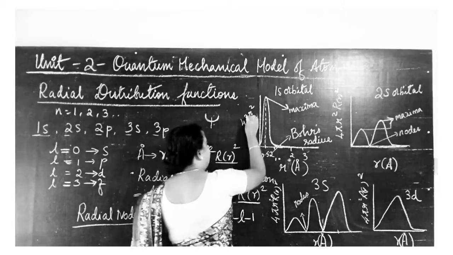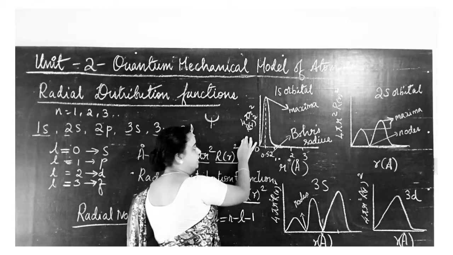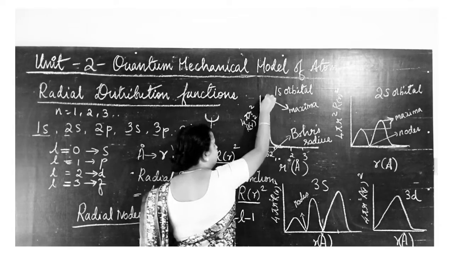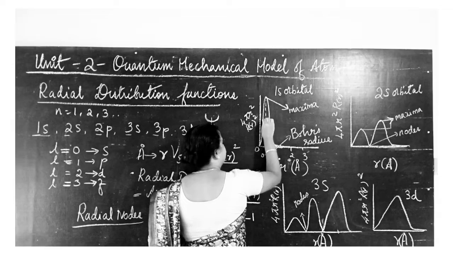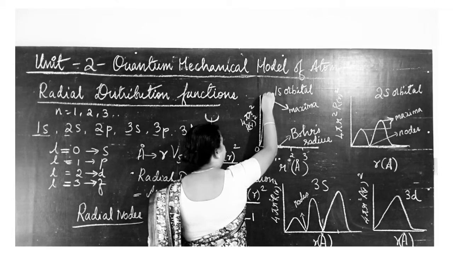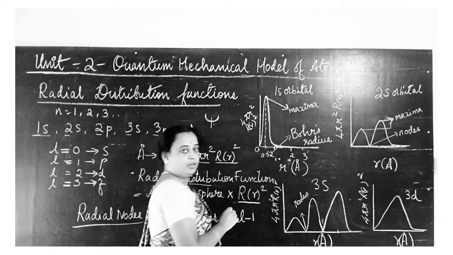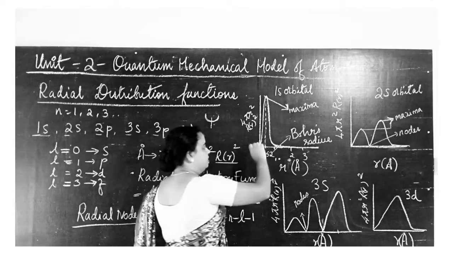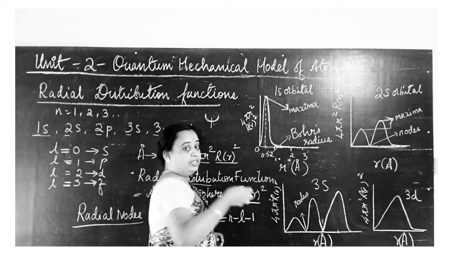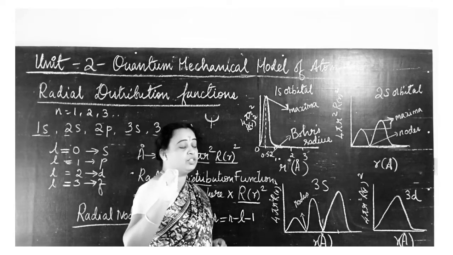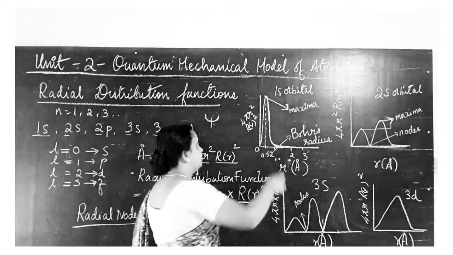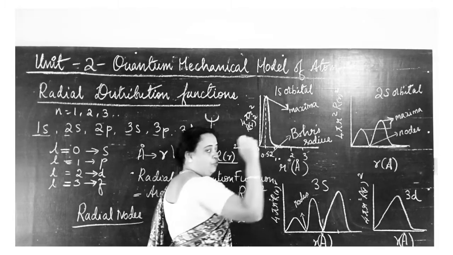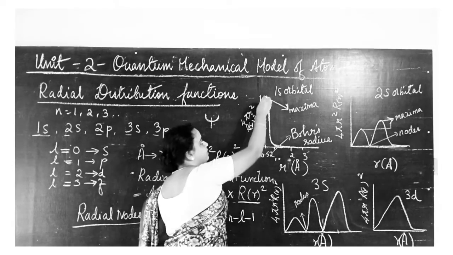R squared is the radial wave function. So you get a curve like this, a narrow peak. This peak is the maxima. Maxima means there is maximum probability of finding the electron around the nucleus, that is, the probability of finding the electron is maximum at this peak.